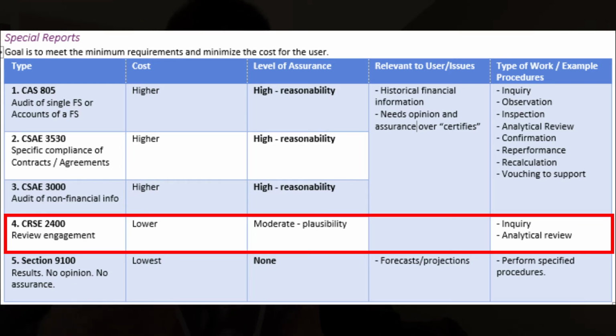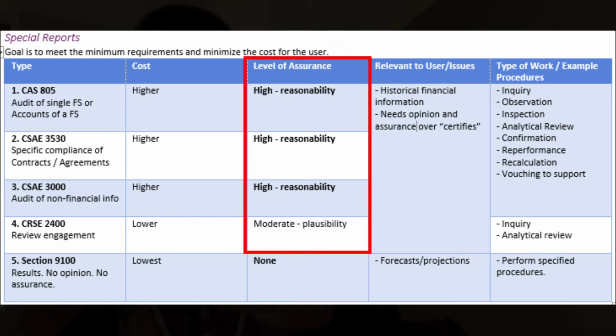This type of report provides negative assurance. So the report states that nothing came to the auditor's attention to indicate that, for example, revenue was not fairly stated.